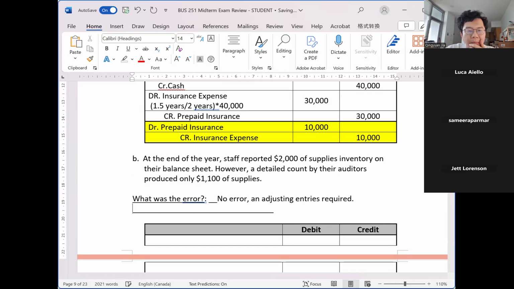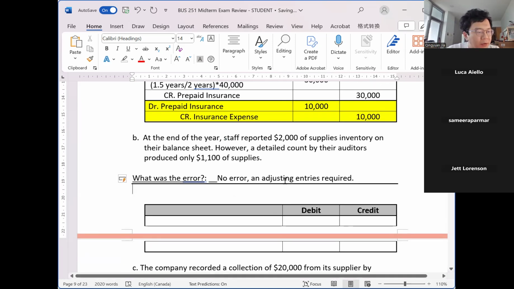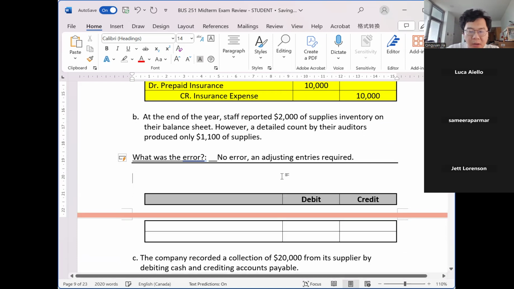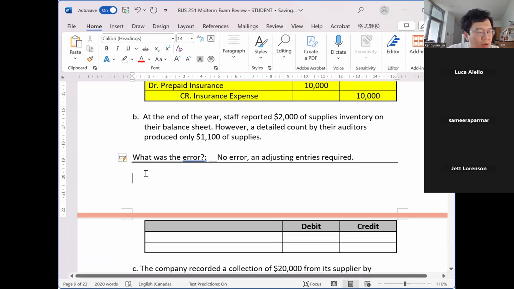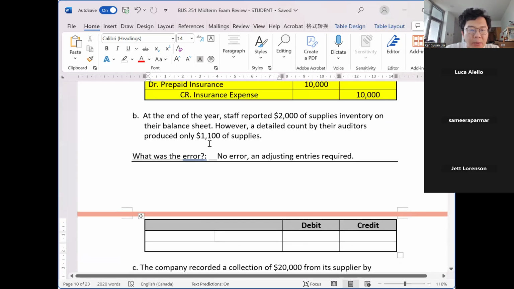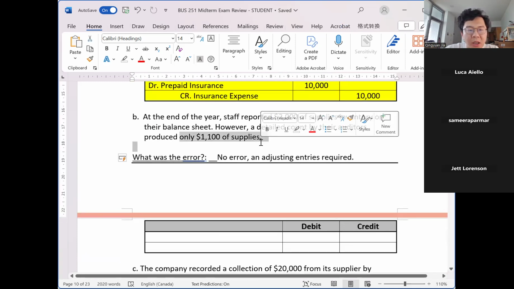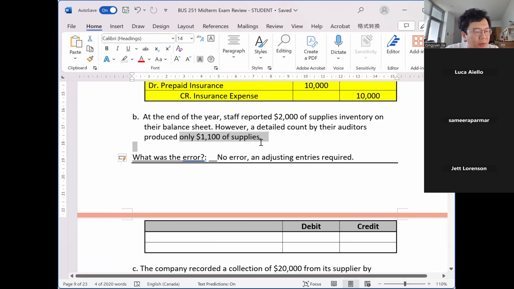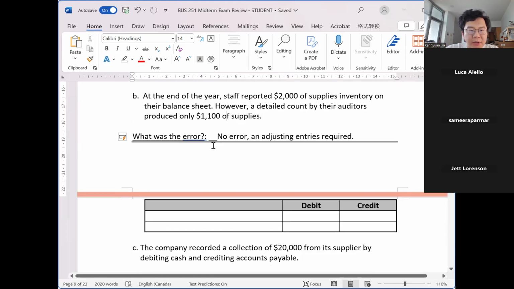Perhaps they used up some of the materials or supplies, and we haven't booked this yet, because we have to believe the detailed count by the auditors in the end, right? So it means we only have 1,100 of supplies left, and there's 900 of usage that we haven't booked or is not reflected on the general ledger. So that's the adjusting entry that we have to make.